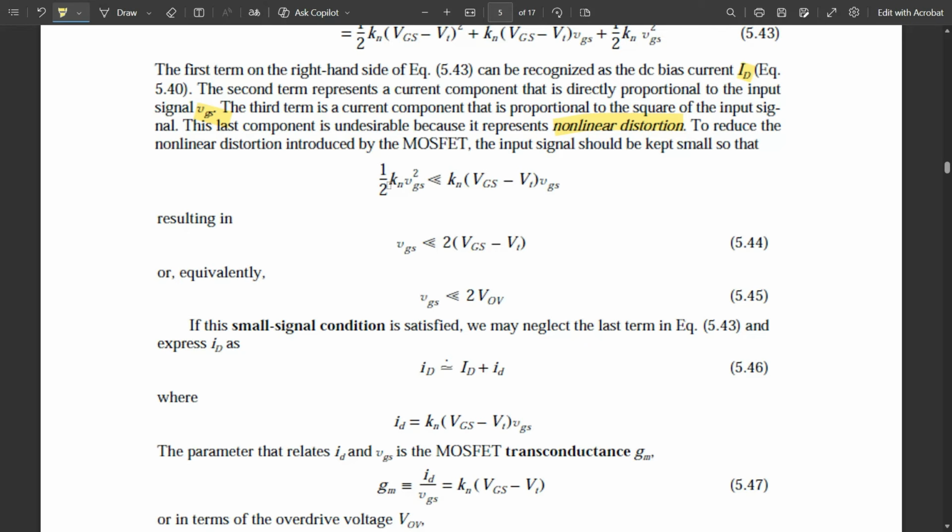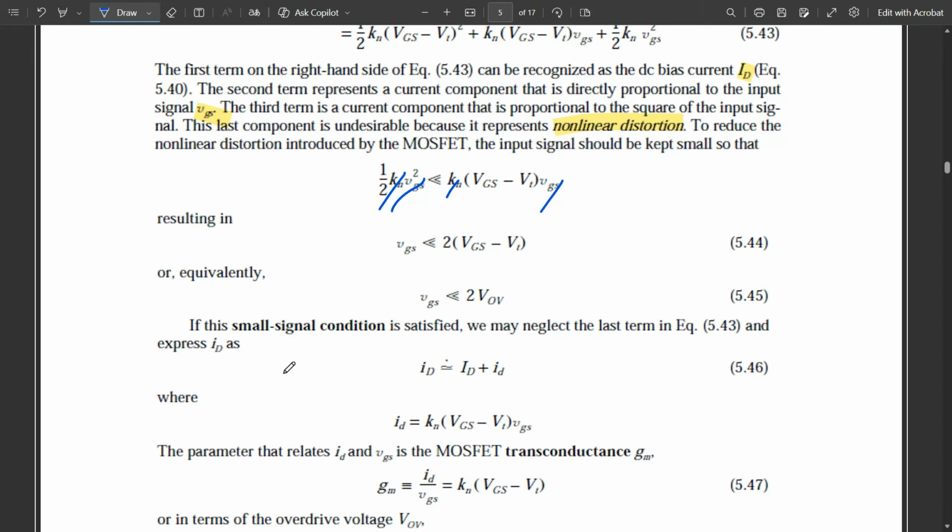If you bring this to the other side and cancel some of the terms, that is Kn, and bring this 2 to the other side, and one vgs term can also be cancelled, we'll be left with only vgs on this side, and we would have 2 times (VGS minus VT). Or equivalently, vgs is less than 2 times VOV, because we know that VGS minus VT is equal to the overdrive voltage VOV.